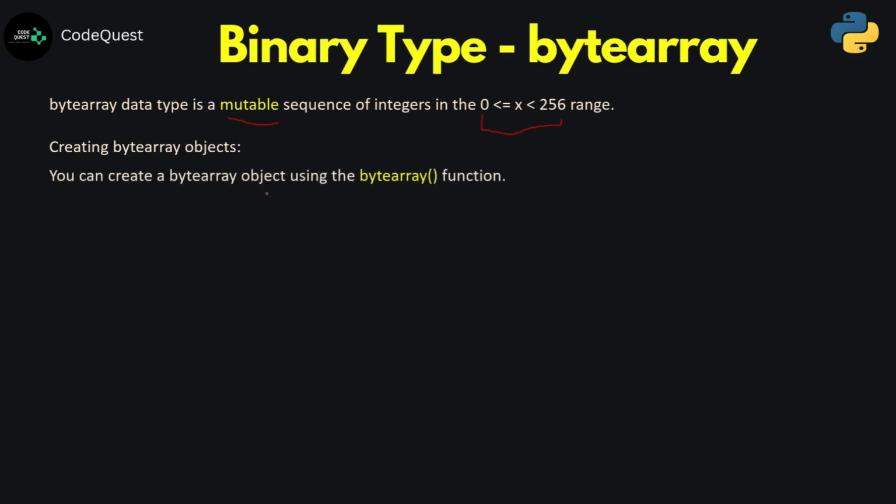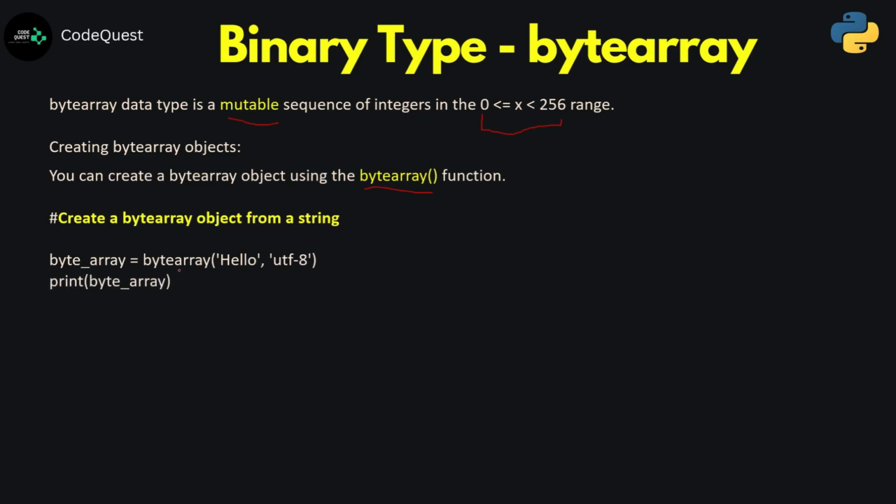We can create it by using the bytearray function. So let's say we are calling this bytearray function, where I mention the string, or sequence of characters, and the encoding scheme, and this bytearray is now created using this hello.